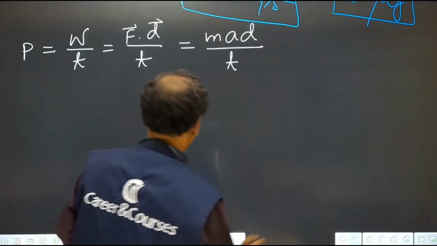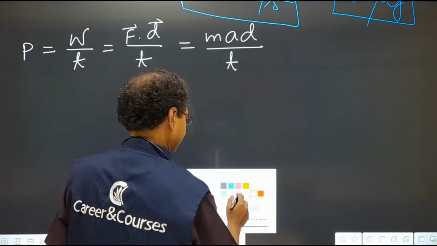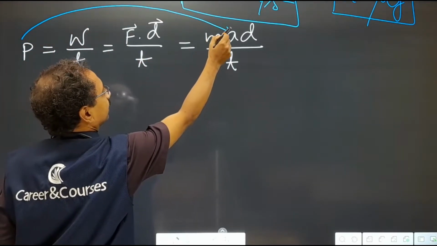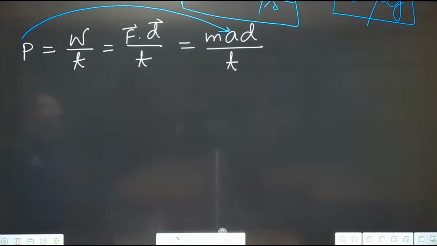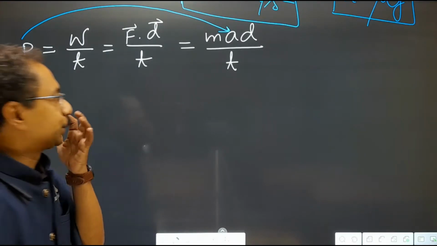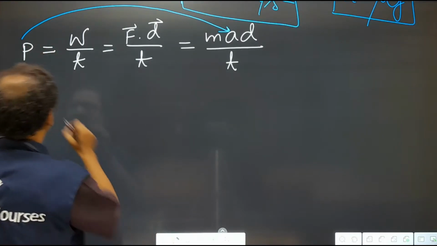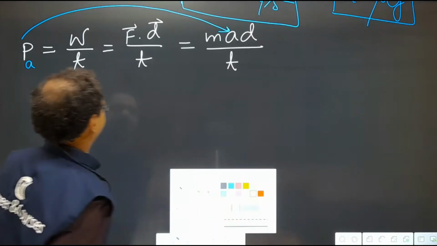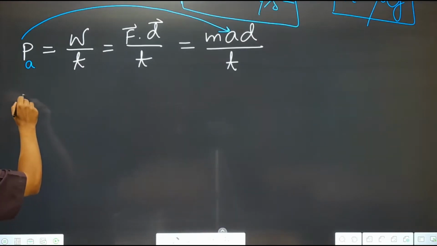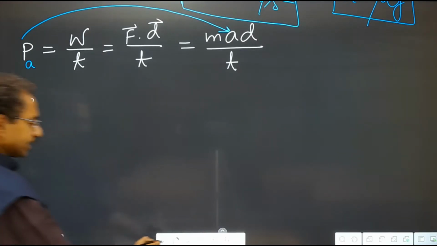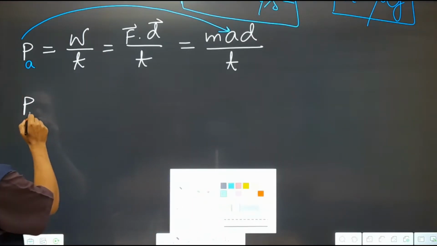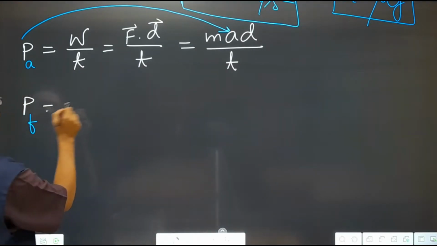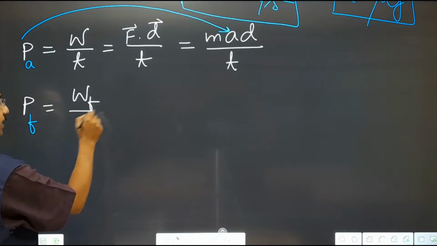So you understand, this power is utilized to give acceleration to the car. We can write it as the power for accelerating the body. Again, the frictional power, the power utilized to overcome the friction, should be equal to frictional work by time.